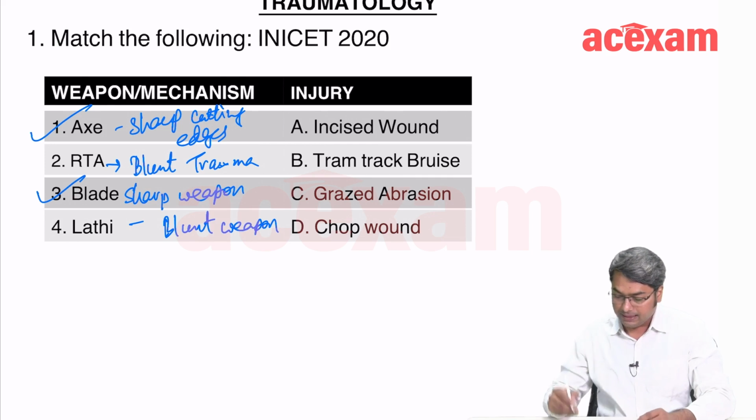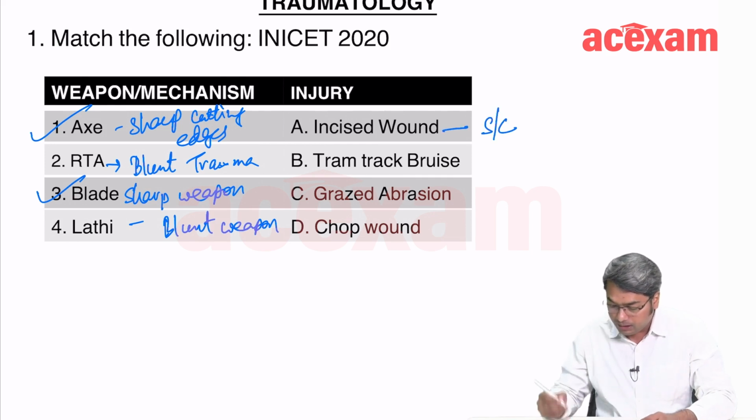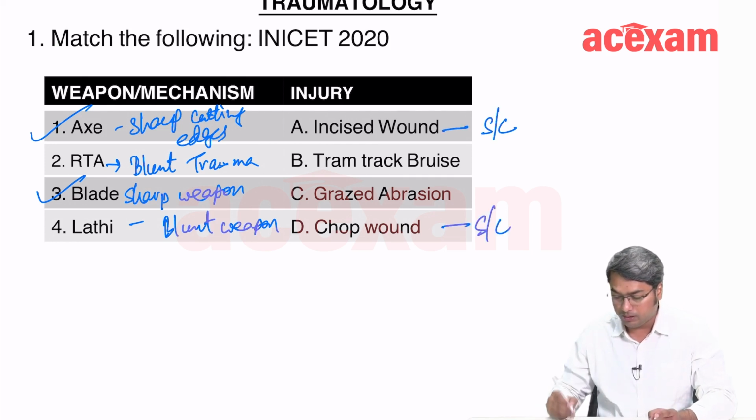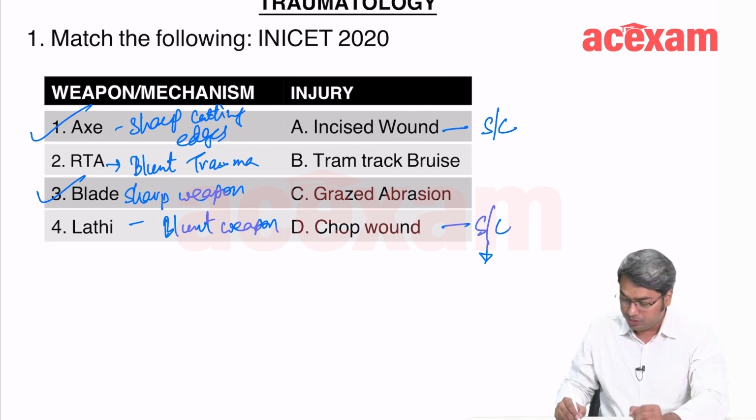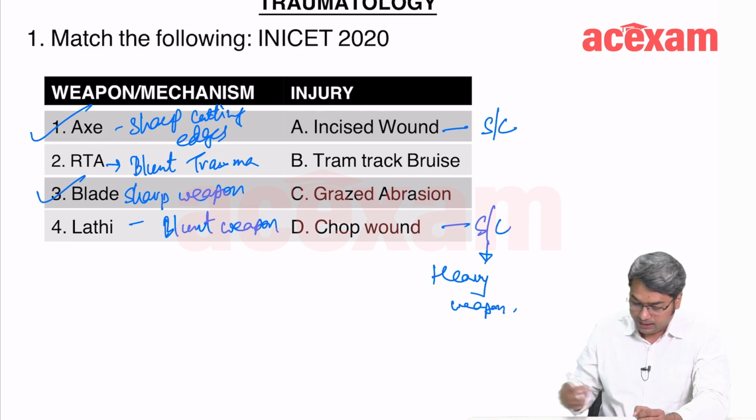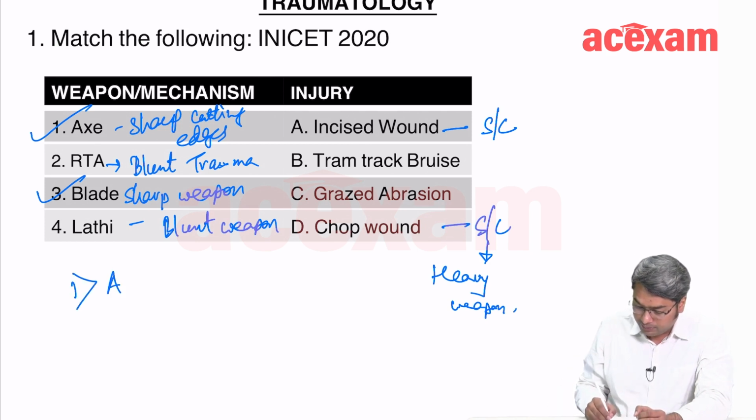So out of these, incised wound is produced by sharp cutting weapons. Similarly, chop wound is produced by sharp cutting weapons, the only difference being that in chop wound, the weapon has to be heavy. If the weapon is heavy, then only chop wound can be produced. So obviously, here X will produce D, chop wound.